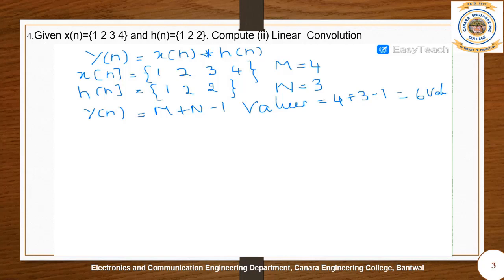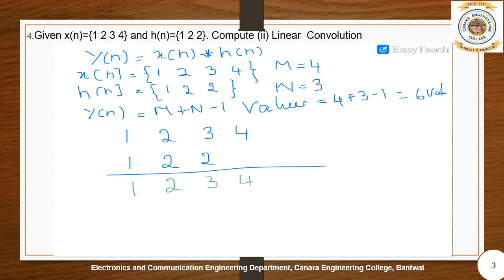Let us try to find 1, 2, 3, 4 with 1, 2, 2. 1 into 1, 1, 1 into 2, 2, 1 into 3, 3, 1 into 4, 4.